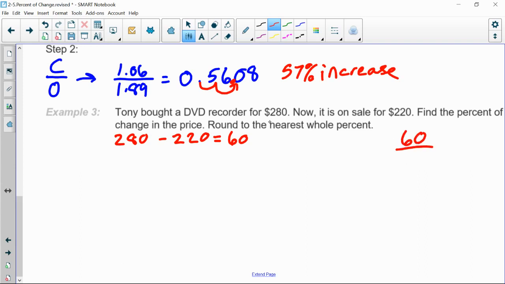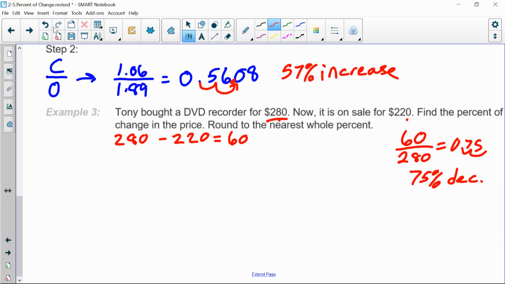Our original amount this time is the 280. So we take our 60 and divide it by 280, and we get 0.75 in the calculator. I move my decimal to get 75%. But this time it is a decrease, because I went from a larger number to a smaller number.